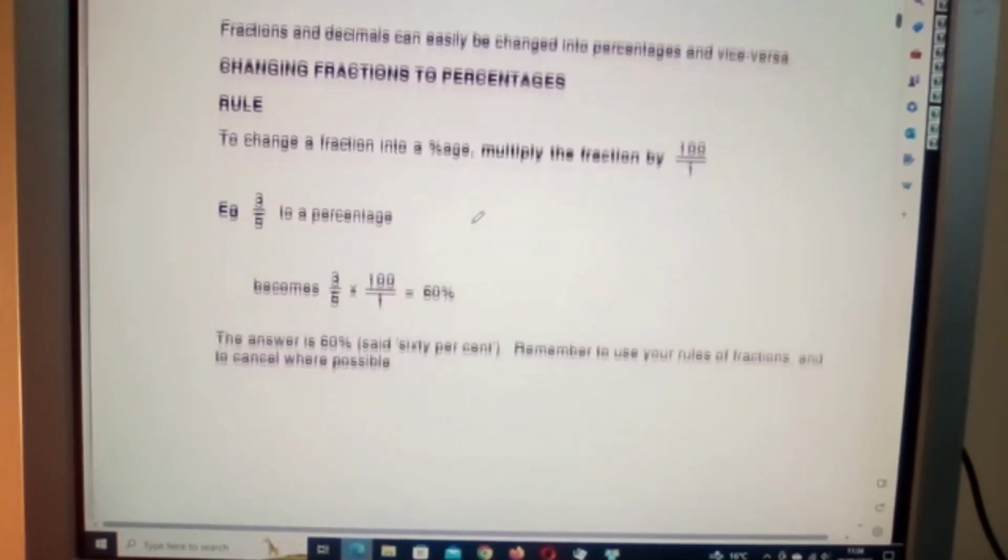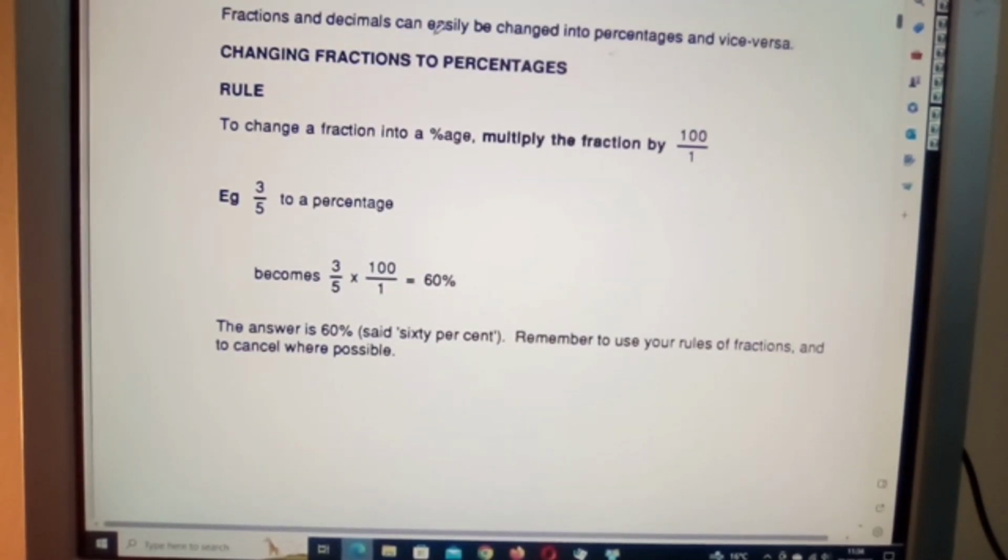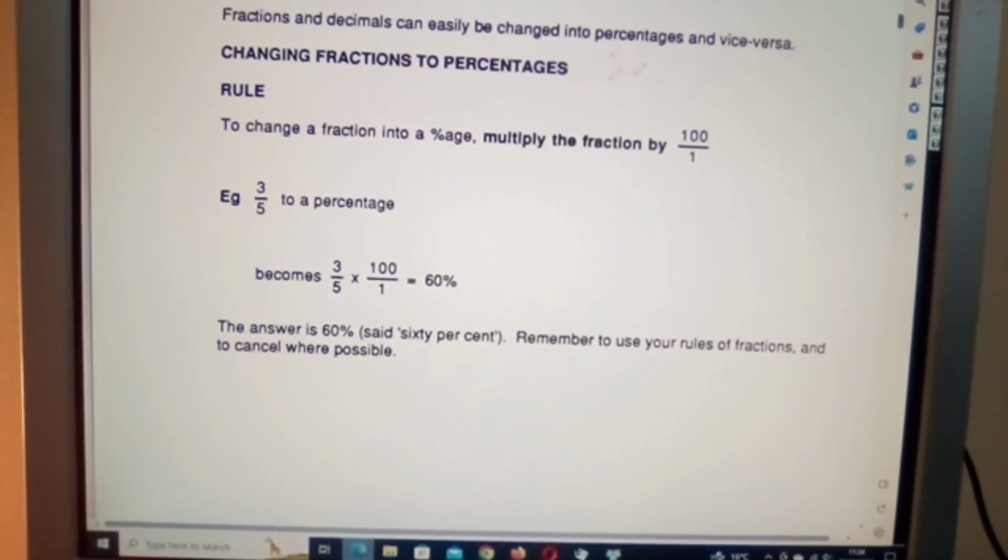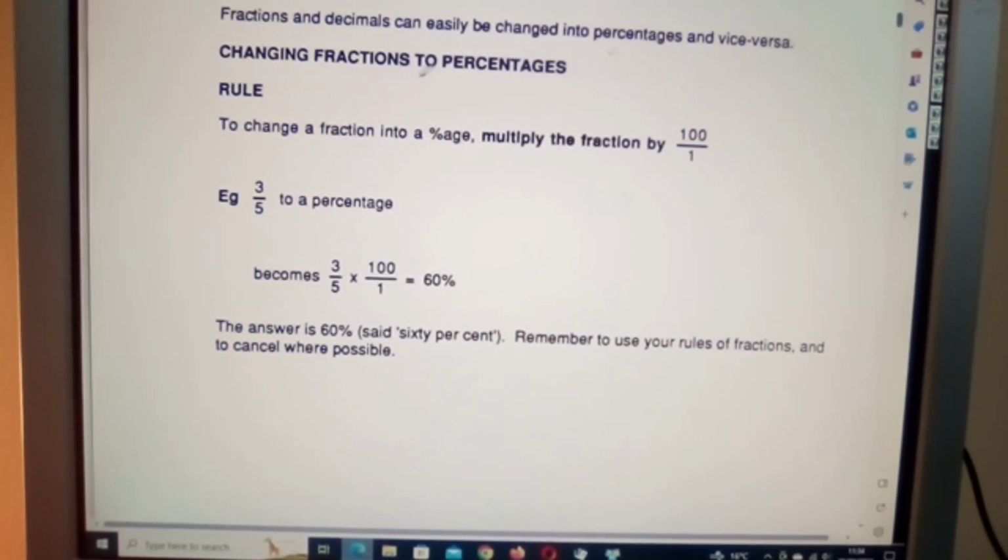Fraction and decimal can easily be changed into percentages and vice versa. Changing fractions to percentages. Rule: to change a fraction into a percentage, multiply the fraction by 100 over 1.